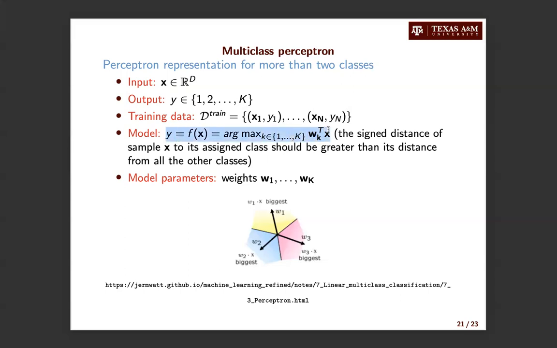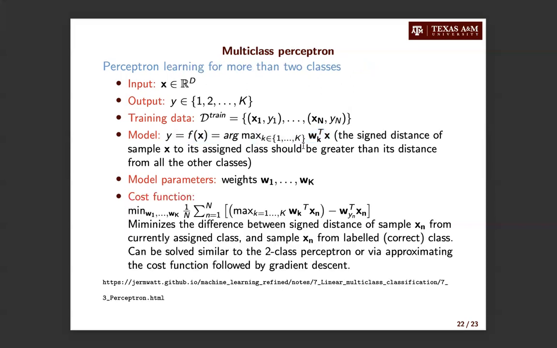Therefore, our decision-making rule will be that we will assign sample X to the class that corresponds to the largest inner product between X and vector wk. So instead of having only one hyperplane, we have k different hyperplanes, each of which is represented by a vector wk.